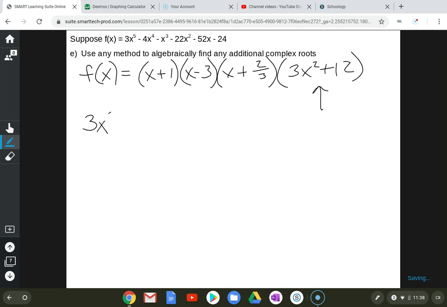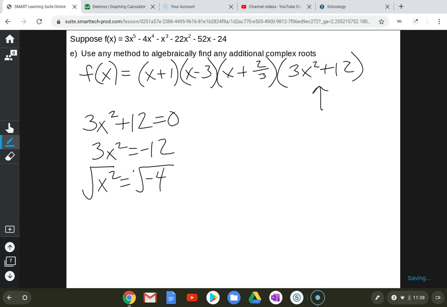We can solve this simply by setting it equal to 0, subtract 12 from both sides, divide by 3, take the square root of both sides, make sure you put a plus or minus, and we end up with x equals plus or minus. Remember, this is root 4 times root negative 1, so x equals plus or minus 2i.